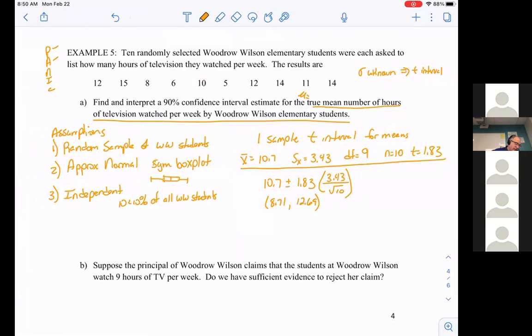So again, my conclusion. We've named it, we came up with an interval, and now we're ready for a conclusion.